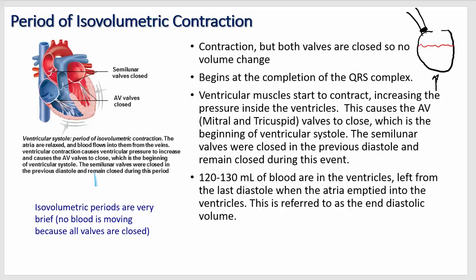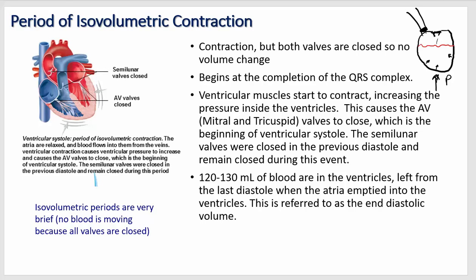So we have an increase in pressure in there, and so we have these valves, the mitral valve, bicuspid. So they're my two cusps, and if this ventricle starts to squeeze, it's immediately going to push those valves shut.